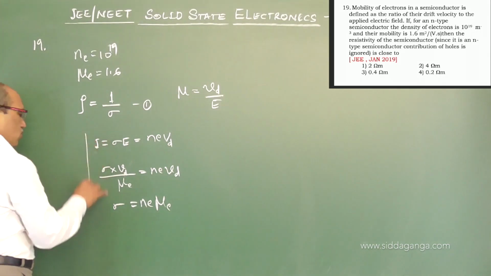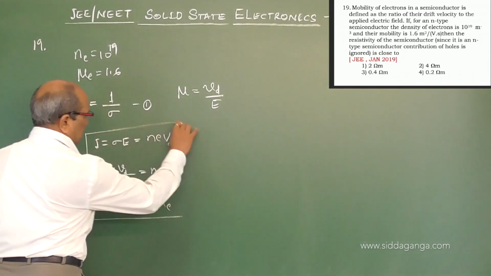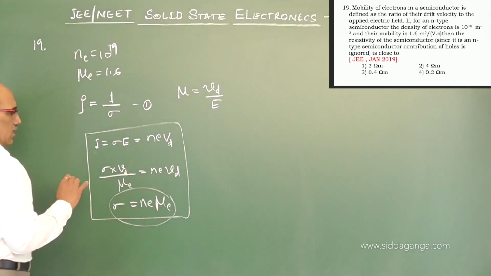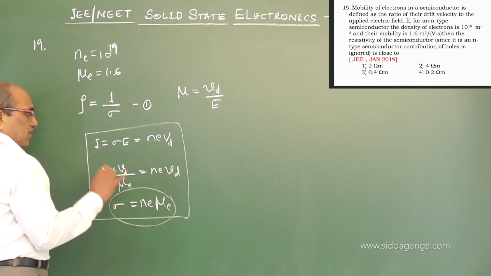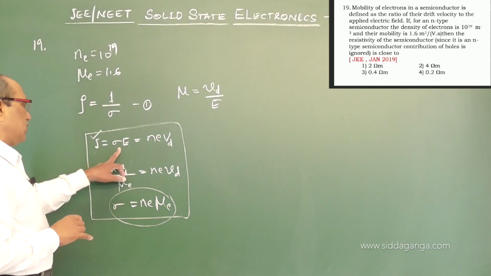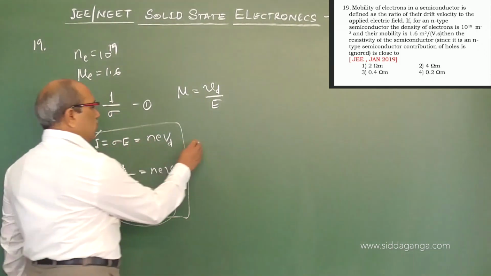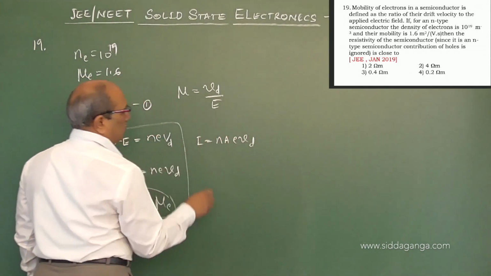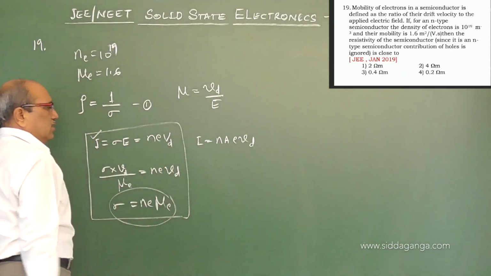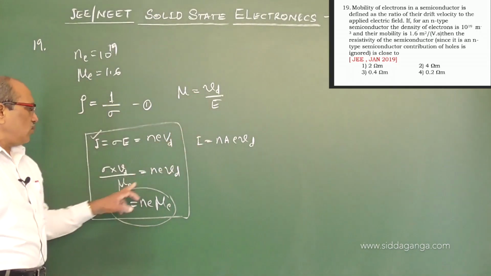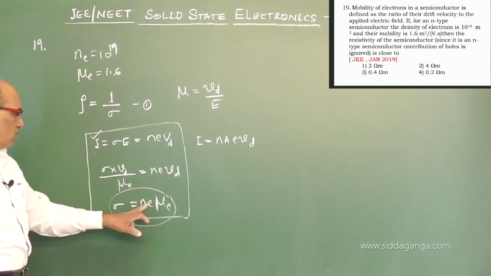If you wrote it correctly, directly, no problem. If you know this relation, you can directly substitute. If you have forgotten, current density equals sigma E is one relation, or from NEVD we got I equal to NAeVD. I by A is the current density, E is the electric field, VD by mu, which gives sigma equal to NE mu.